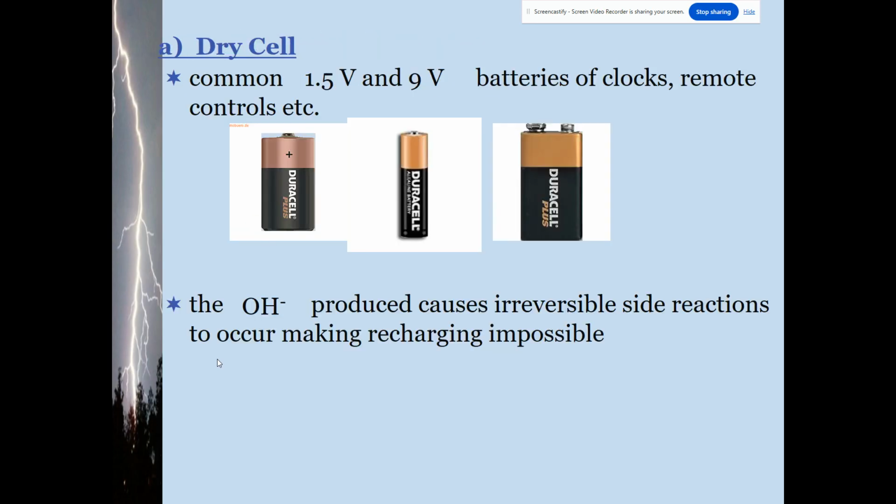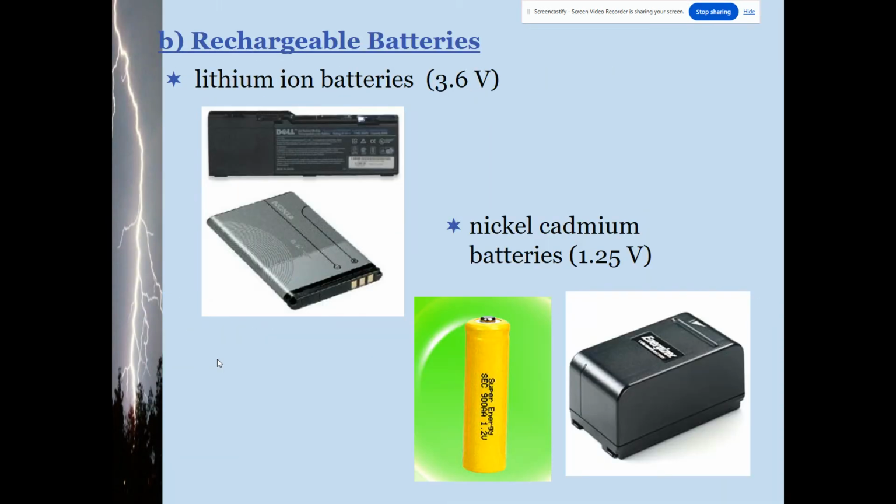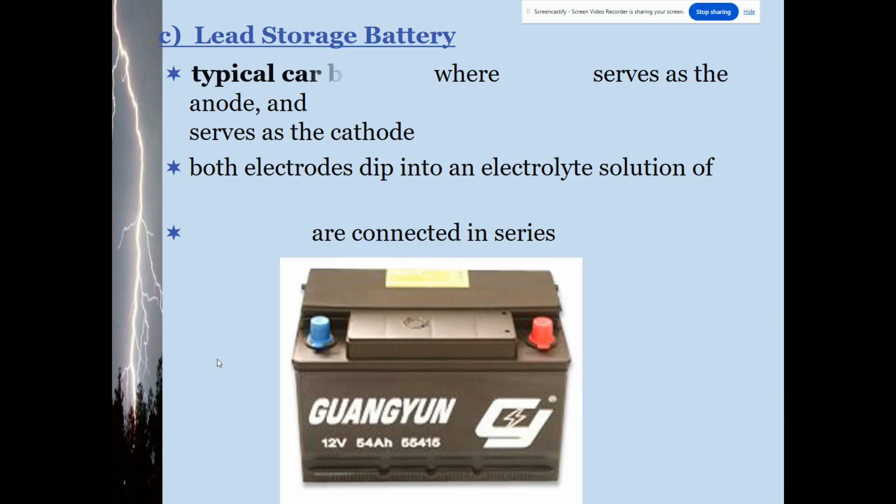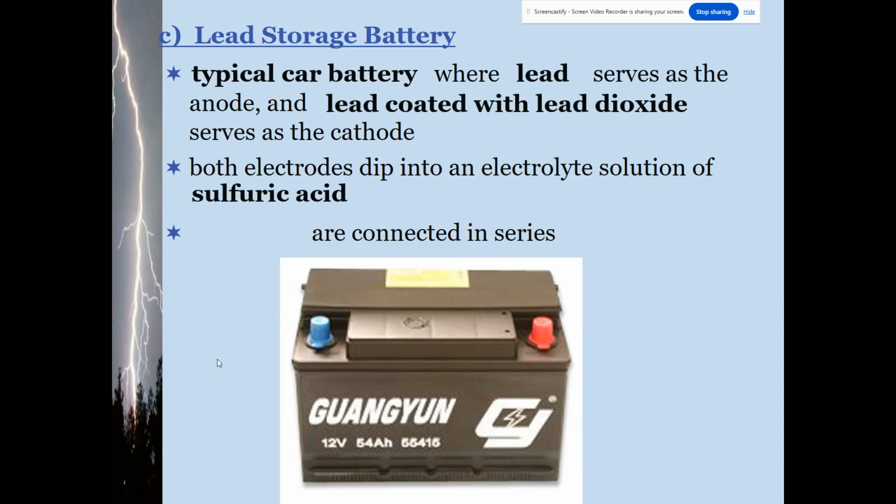I will have, I think, a diagram of the inside of a dry cell and what it looks like. Rechargeable batteries are things like lithium-ion and nickel-cadmium batteries, where they don't produce hydroxide, so they are reversible. A lead storage battery is a car battery, okay?